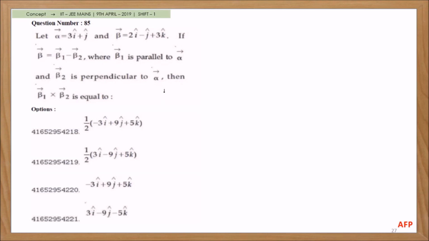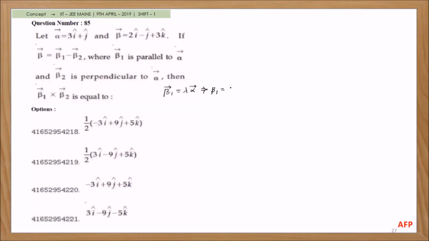So if beta 1 is parallel to alpha, then you can write it as beta 1 is equals to lambda times alpha. So this implies beta 1 is equals to, what is alpha?